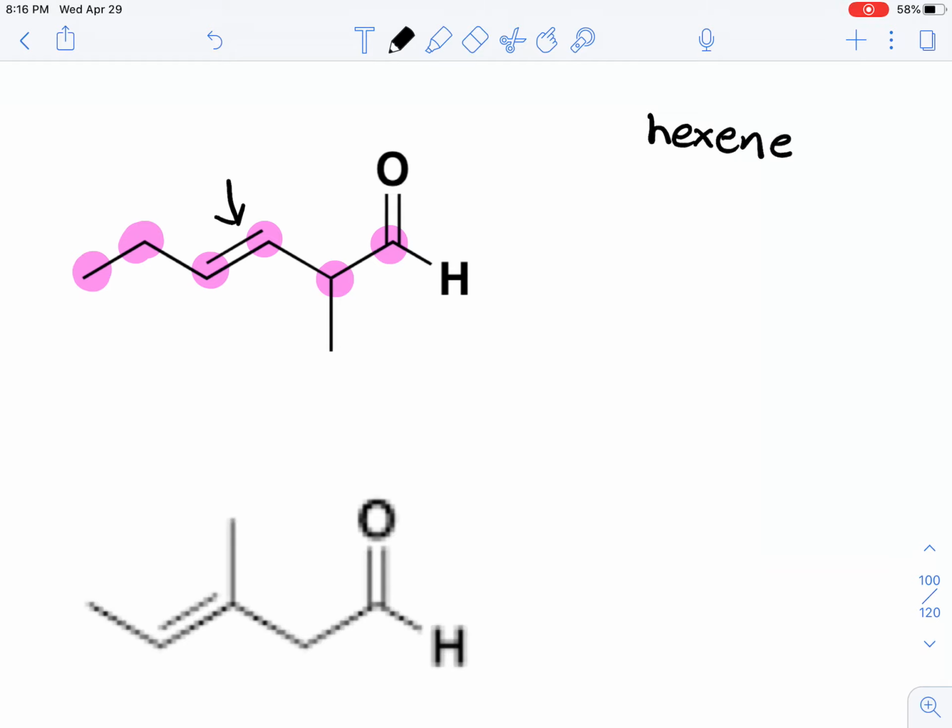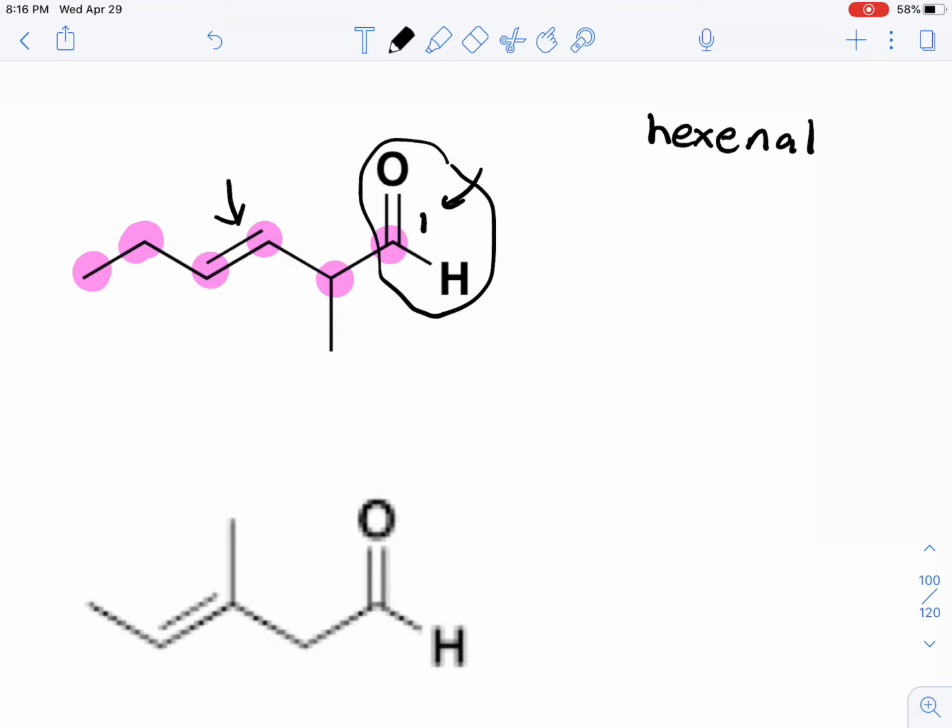And I also notice I have an aldehyde, making this carbon number 1. And so I'm going to have to erase my E and add my Al. So pronouncing this is hexenal.